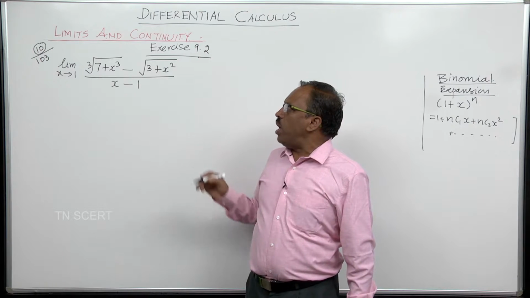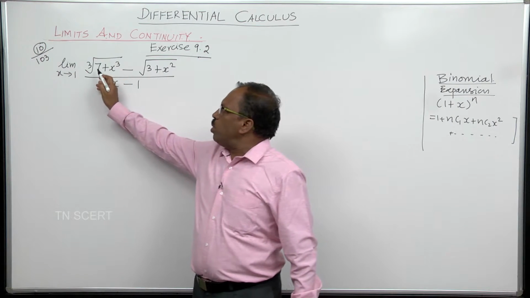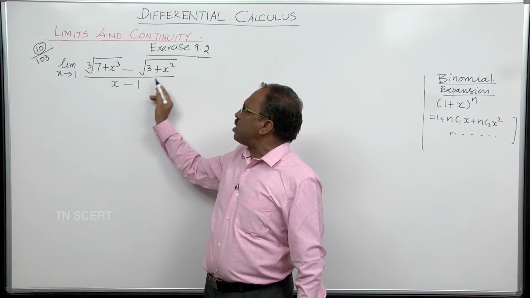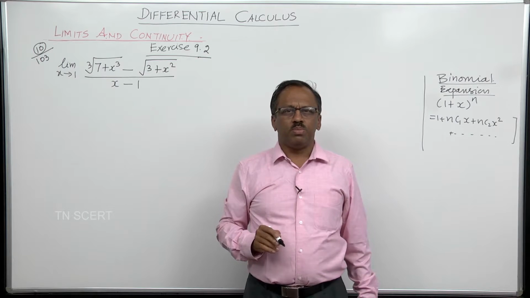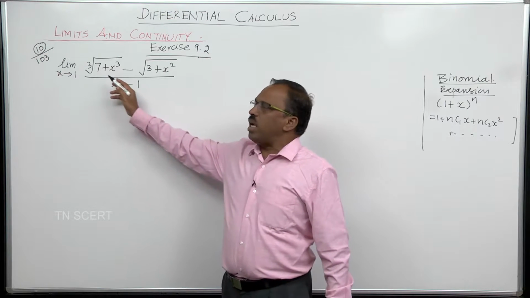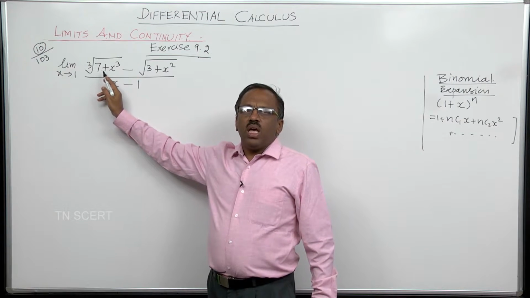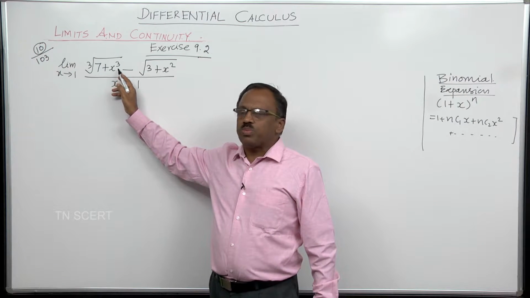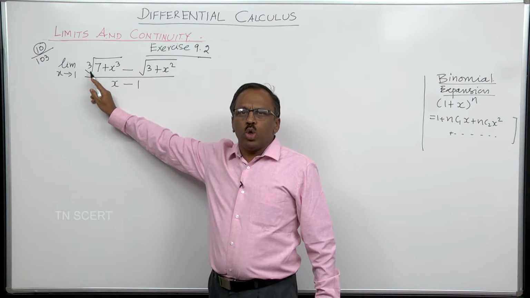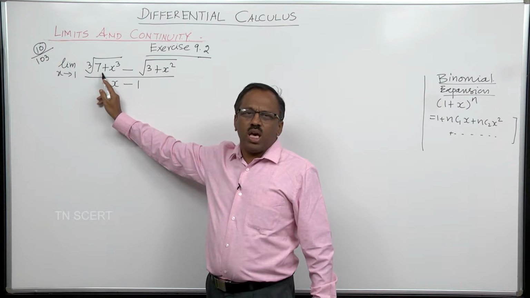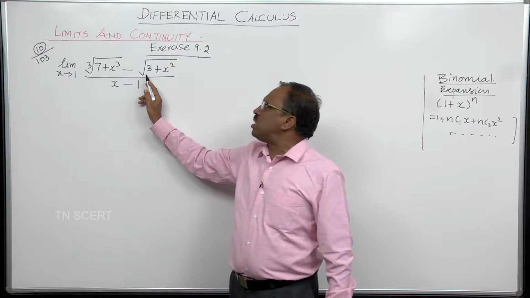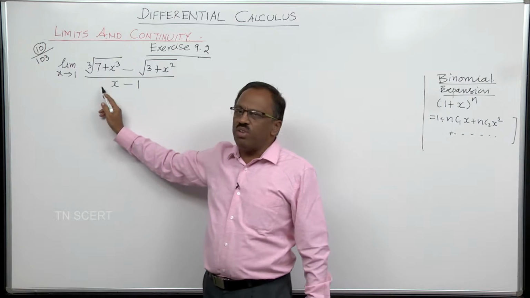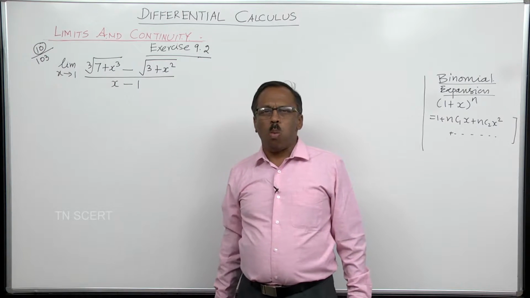Limit as x tends to 1 of cube root of 7 plus x cube minus square root of 3 plus x square, whole divided by x minus 1.